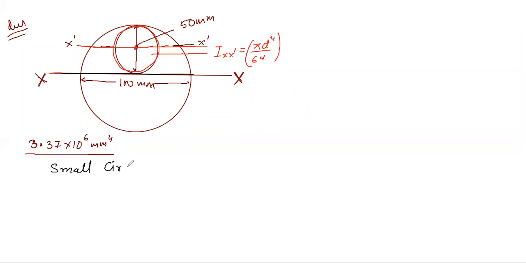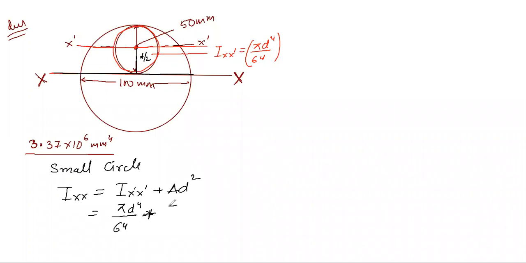For the small circle, on the basis of the parallel axis theorem, we can find about the x axis it can be written as I x dash plus area into d square, right? So what is the area here? This is d by 2. So this can be written as pi d to the power 4 by 64 plus, what is the area?